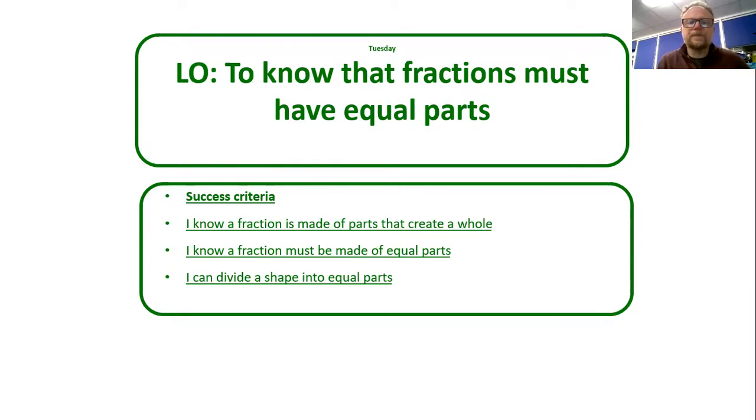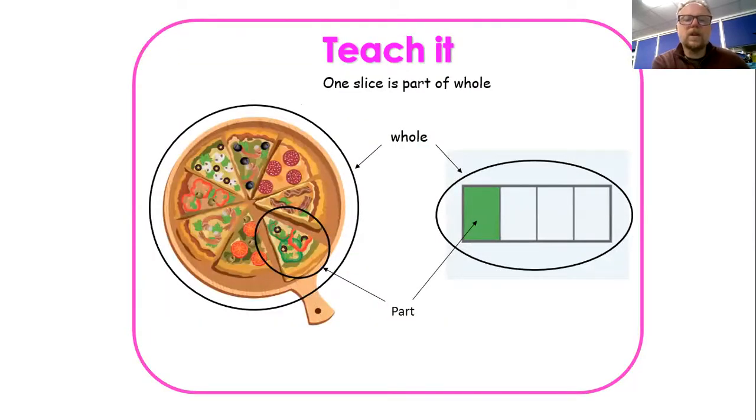So if you look at the pizza on the left, how many equal parts has it been cut into? That's right, there are 8, and we call those 8s. Each of those 8s has got a different topping on, but they are all the same size, so they are equal parts.